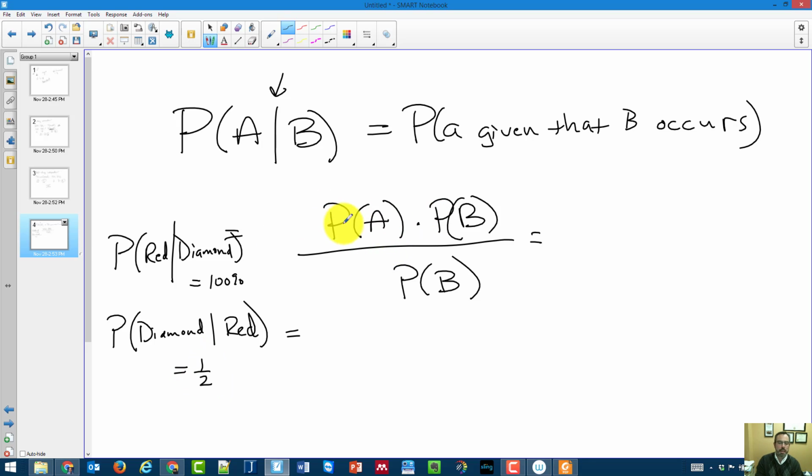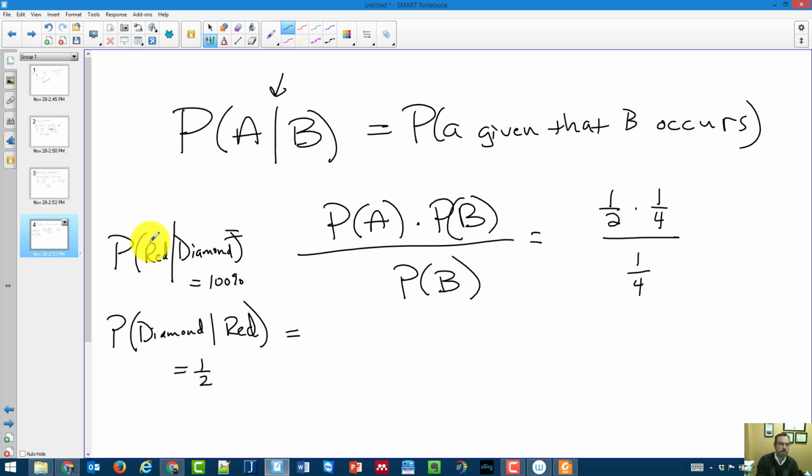This one, if I know the card's red, half of them should be diamonds. So let's take a look at both of these. In this case, A is red card, B is diamond. Probability that it's a red card times the probability that it's a diamond divided by the probability that it's a red card. Or excuse me, divided by the probability that it's a diamond.